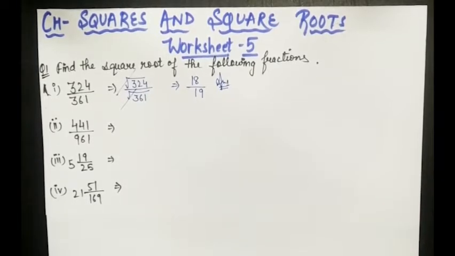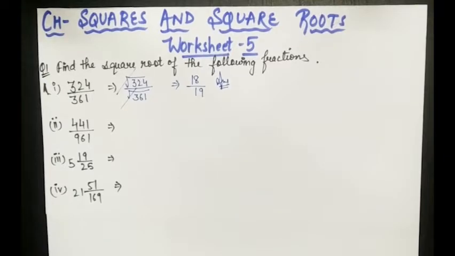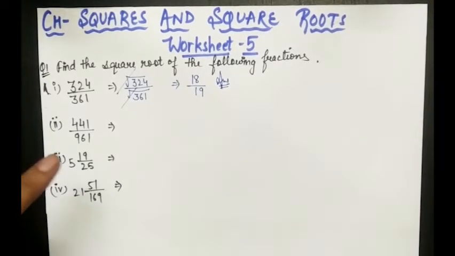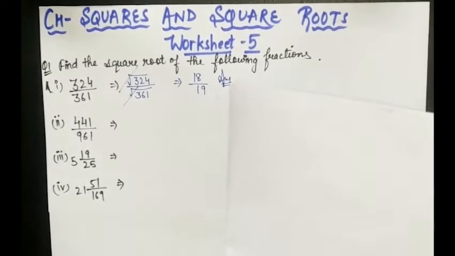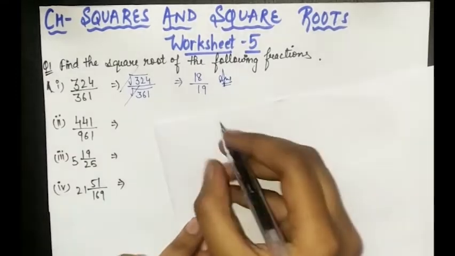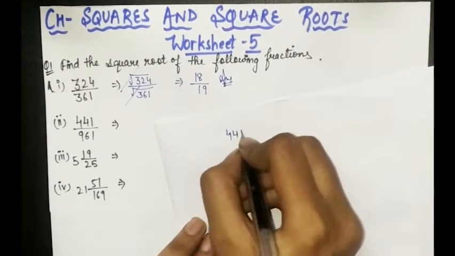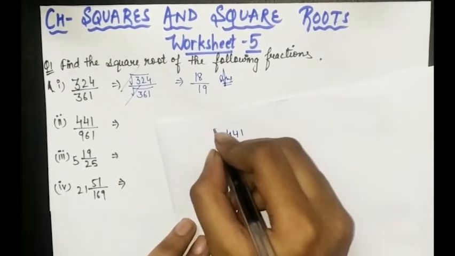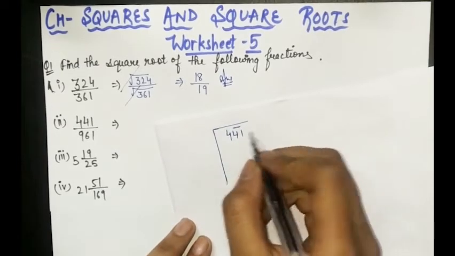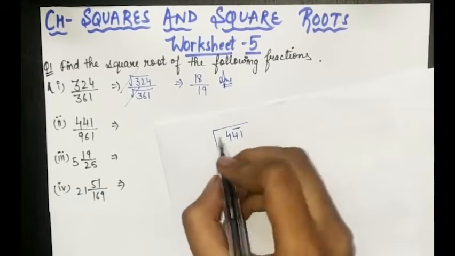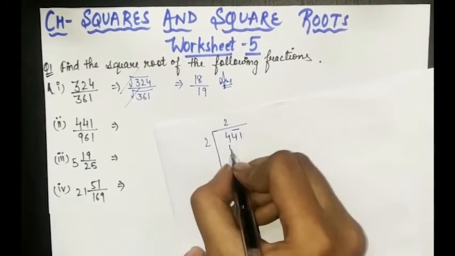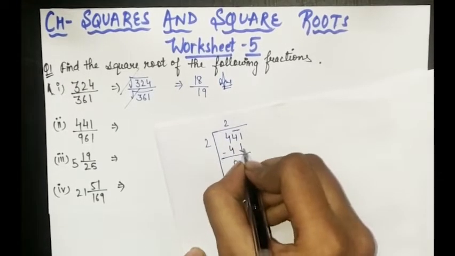Let me tell you one example of that, if you don't know the square roots of these two. 441 is here, so first we write 441 and then we make this. Now pairing. You all know that 4 is the square of 2, means 2 into 2 is 4, so remainder 0, and then 41.